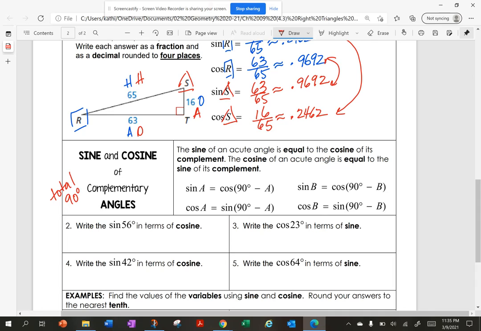Okay, so if I want to write the sine of 56 degrees in terms of cosine, I would take 90 minus 56, and I get 34. So this would be the cosine of 34 degrees.